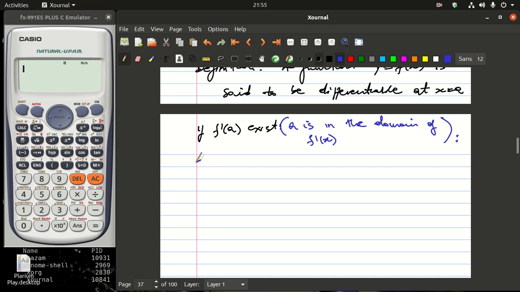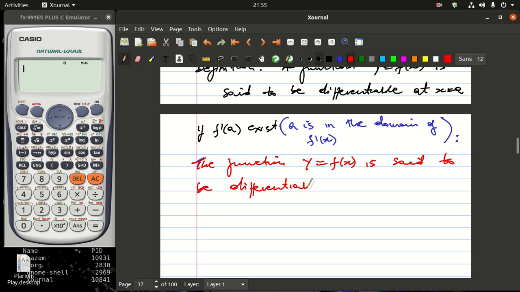Now, the second thing is this. The function y is equal to f of x is said to be differentiable on an open interval.